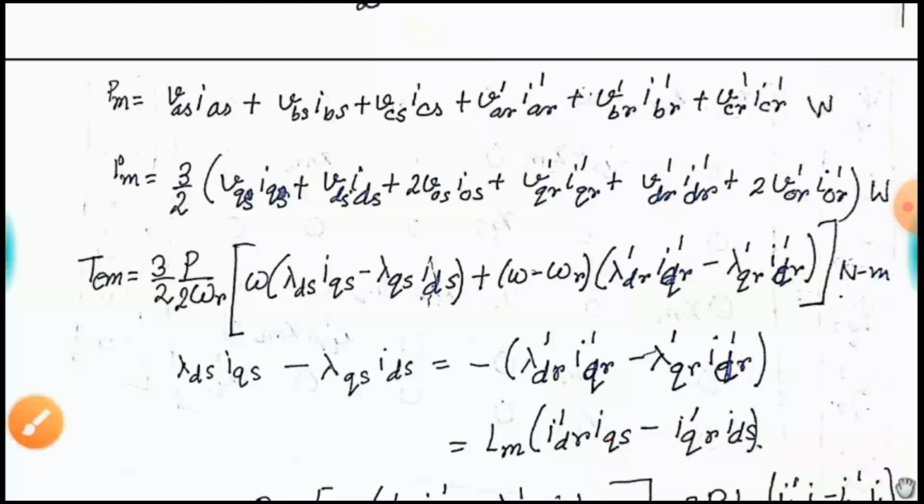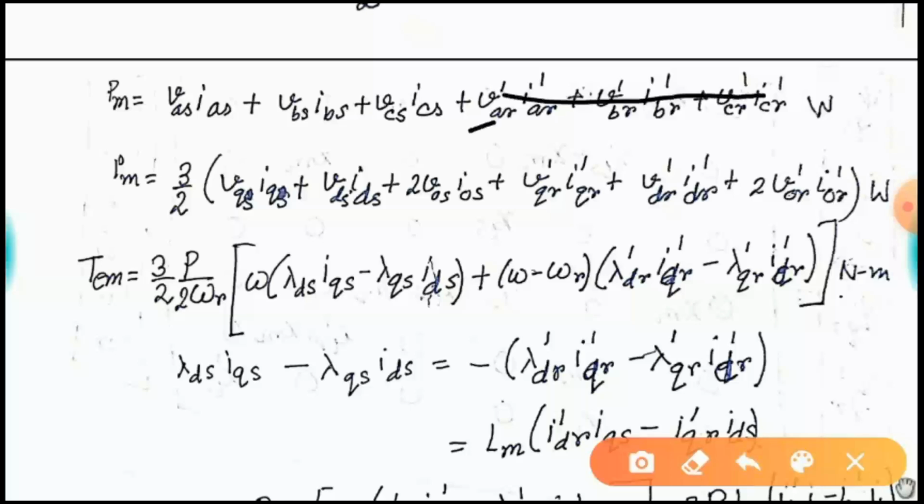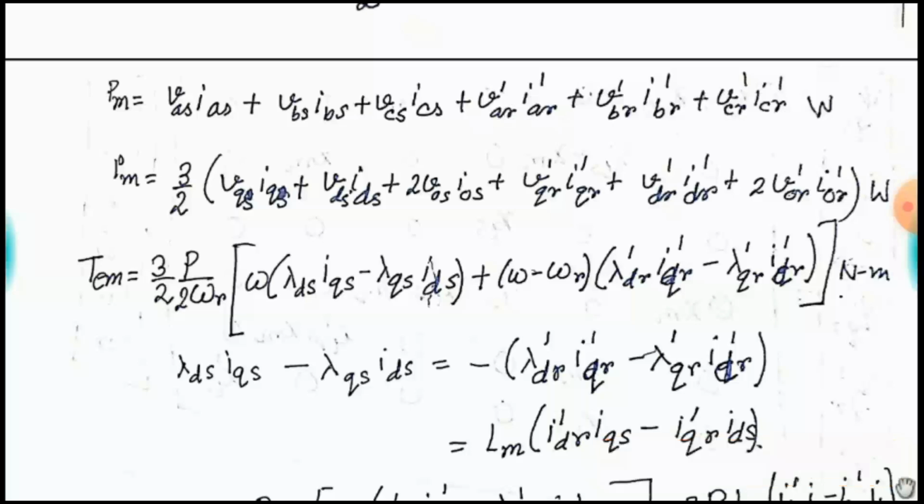But as we do not know whether our machine is a squirrel cage or slip ring induction motor, that is why we need to consider the last three terms of the first equation, because unless we consider them, that type of analysis will only be limited to the squirrel cage induction motor. However, if we do this kind of generalized analysis, later on we can easily drop these three terms without any difficulty, right?